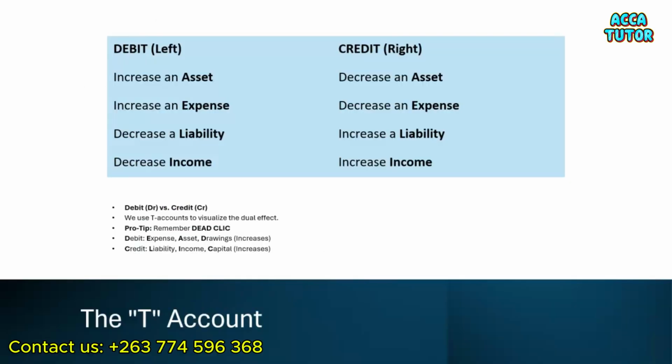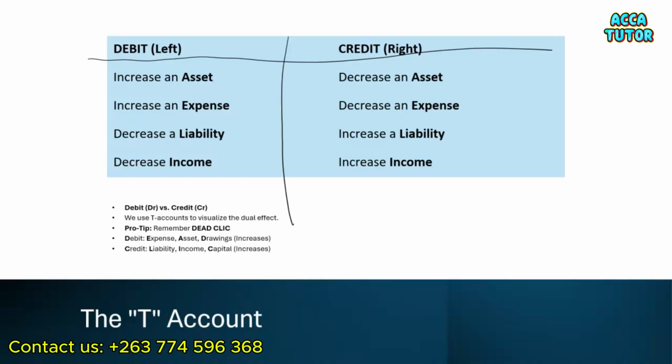I have got this table there. One thing for certain, remember, there are what are called T accounts. So the debit on the T account is on the left side and the credit on the right side of the T account.